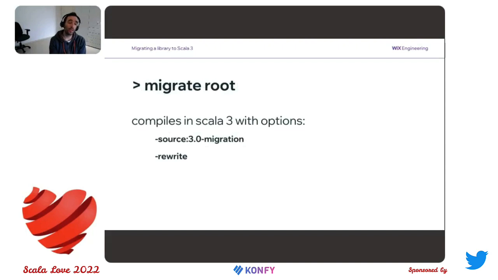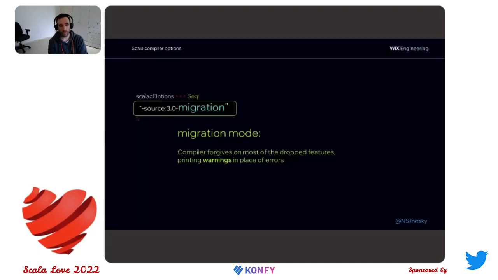And then I reached the final and most important step here, which is the migrate rule, the migrate step. And this rule just compiles the code with 2 different options. First, it compiles with source-future migration, and then it compiles with the rewrite option. It's as if you would put the Scala option yourself in SBT.